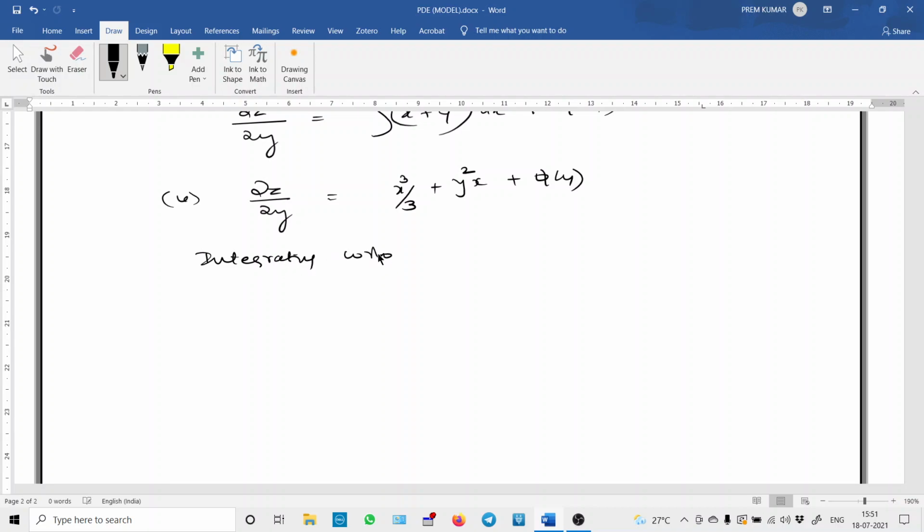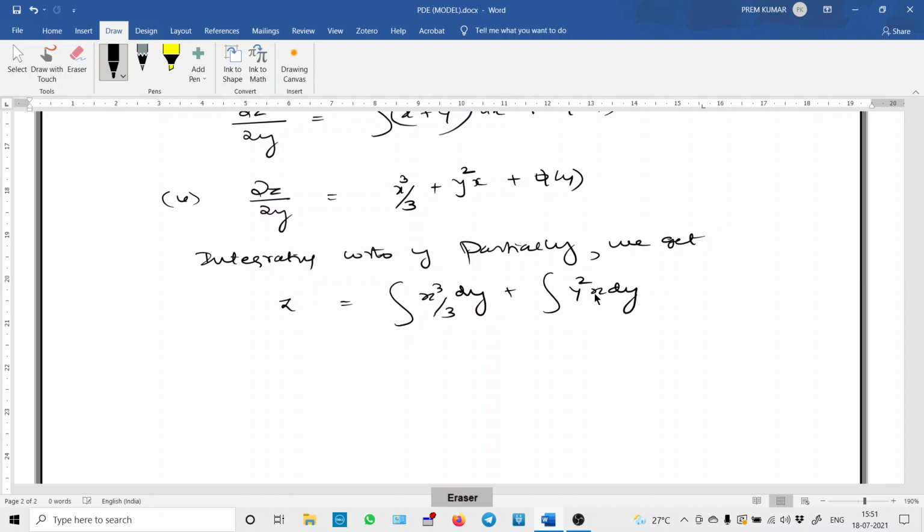Integrating with respect to y partially, we get z equals integration of this with respect to y, and integration of this also with respect to y, and this also must be integrated with respect to y.